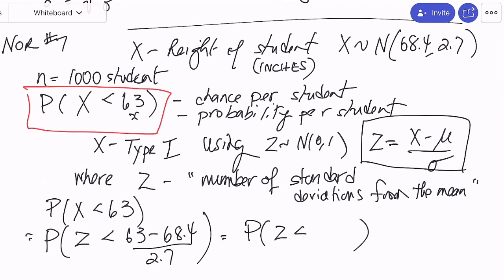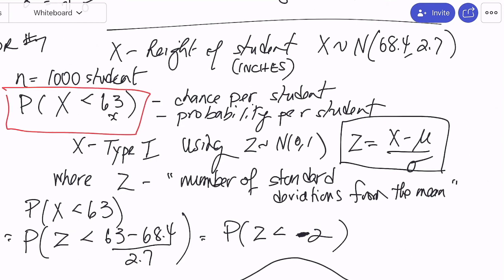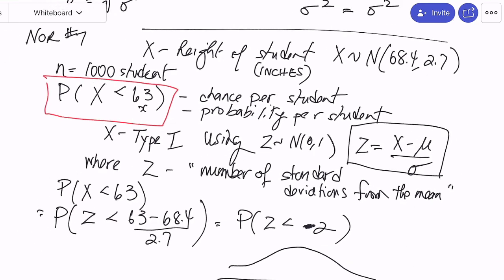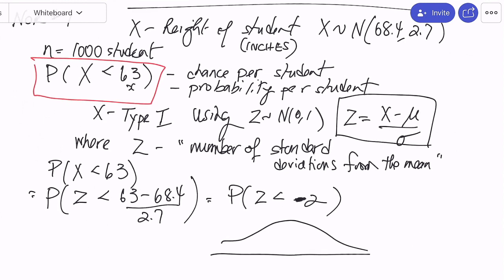All right, consensus. This is -2. Even though you roughly know the answer to this question, let's be precise. Let's use the standard normal table, and let's also draw it, so there's full communication, and if necessary, you get some part marks. So -2 would be over here, and I want to go this way.